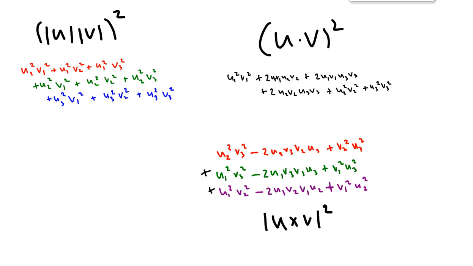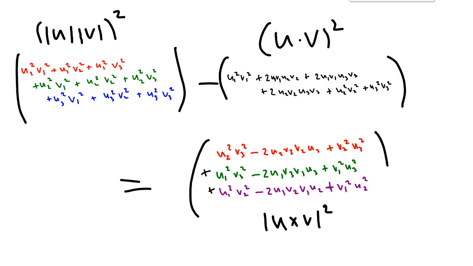And it's not immediately obvious, but there's a really cool relationship here. If you look carefully, if you take this first thing here and you subtract this thing, then you get that thing. So if you look at all the terms, you'll see them cancel.